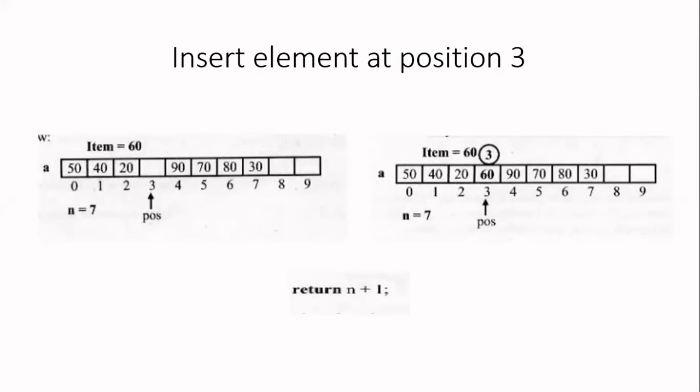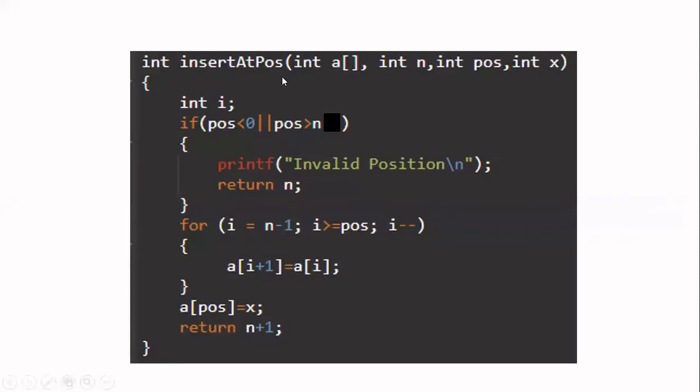Let us see the function. So now in the function, the function name is insertAtPos. Try to see how I have written. Insert everything is small, A is capital. Then in the next word Pos, P is capital. We are going to pass 4 arguments. First argument is the array. So I have written the square bracket. Don't forget the square bracket.